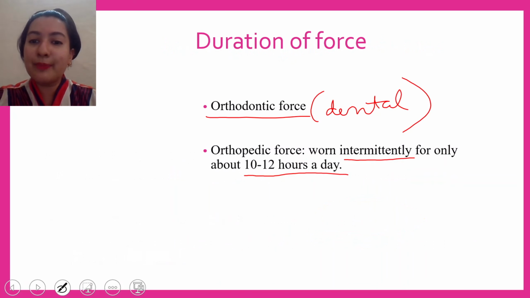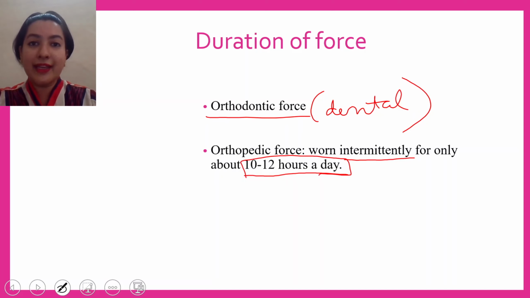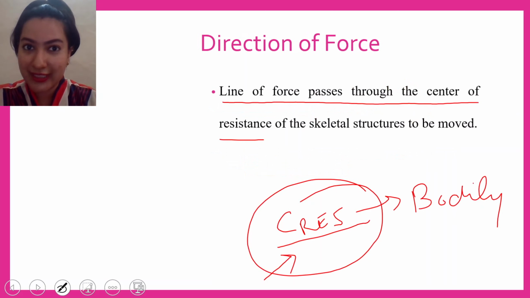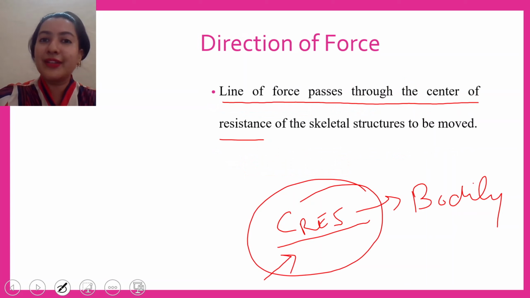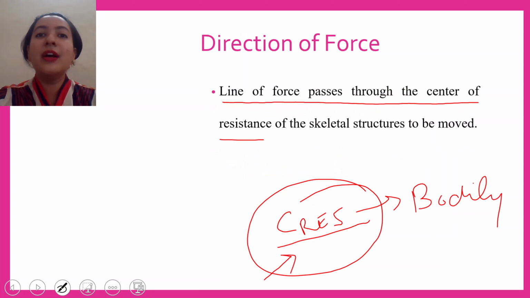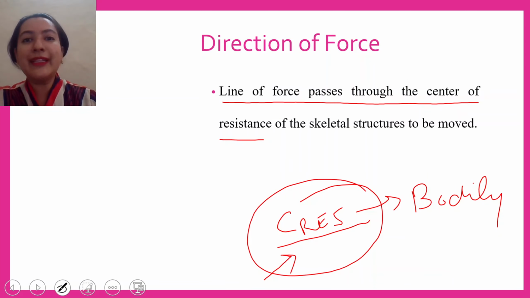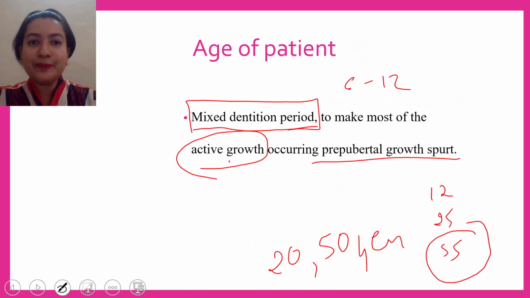The forces are applied intermittently for 10 to 12 hours a day, preferably in the evening and at night, to make use of the growth hormones which are released. The direction of force should preferably pass through the center of resistance of the maxilla or mandible, so that they can move bodily either forward or backward depending upon the case.